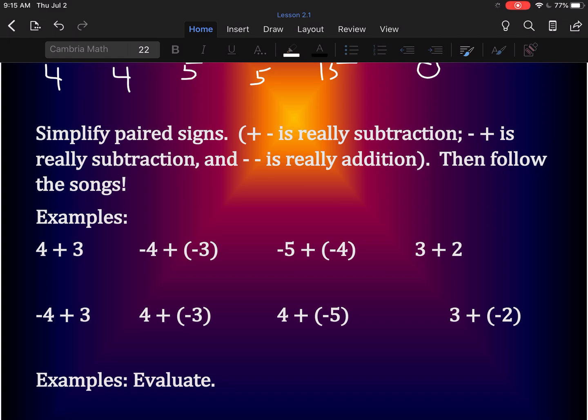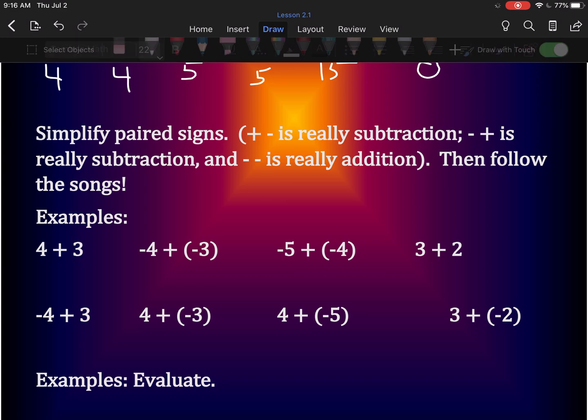And negative negative, or minus a negative, is really addition. Then follow the songs. The songs are posted in the front of the classroom, and if for some reason this is being done online, then they will be posted as their own file.